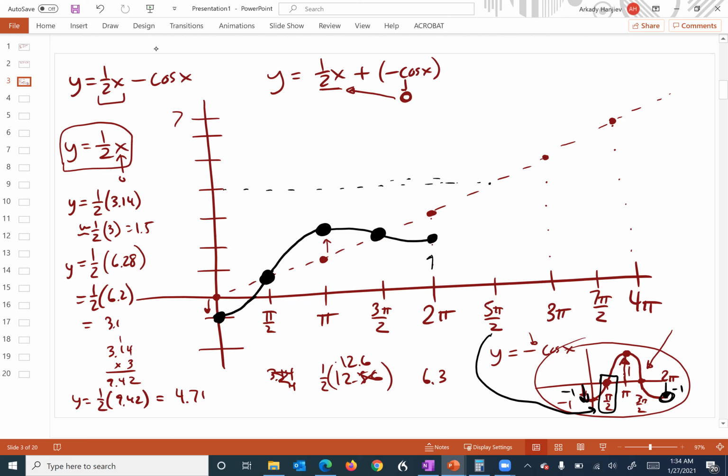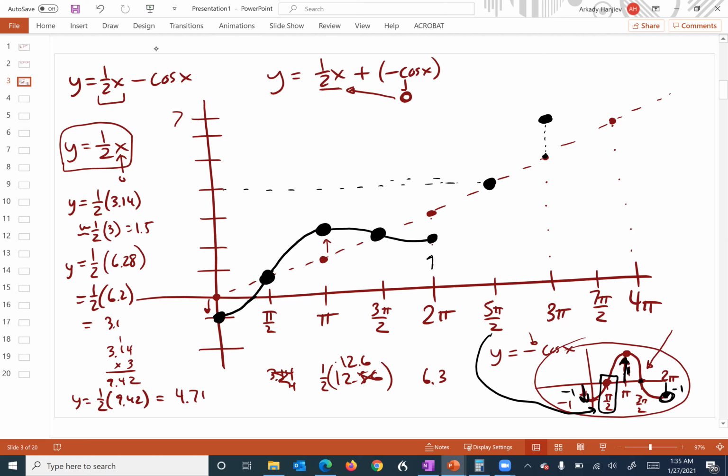Nothing happens. So we don't subtract anything from the 1/2 x. So there's my little dot right there. At 3 pi, we add a 1 to that. So here, we're going to add one more. We're going to go up one more higher right there.